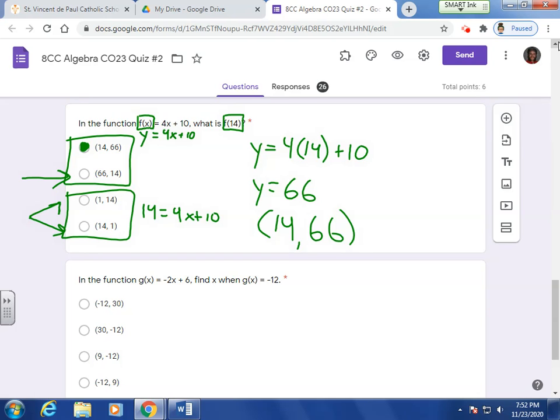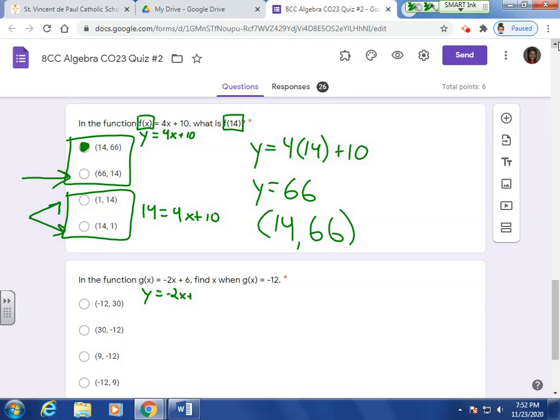The second one here: in the function g of x equals negative 2x plus 6, find x when g of x equals negative 12. Remember, this f of x, g of x, h of x, whatever letters you want to use here, it's just a fancy way to write a y.